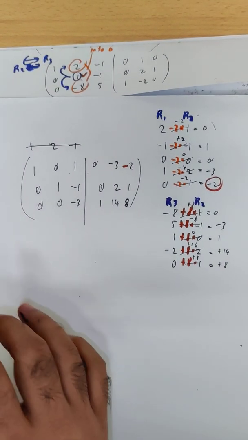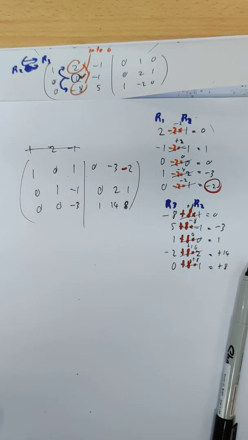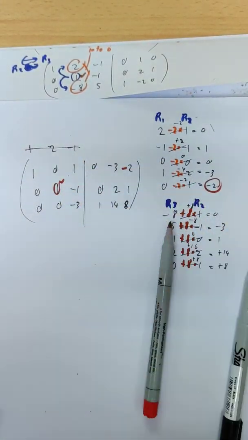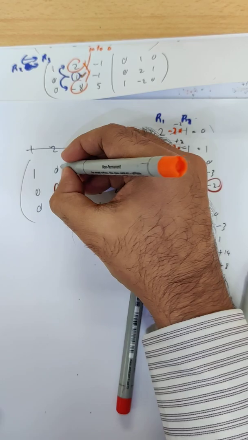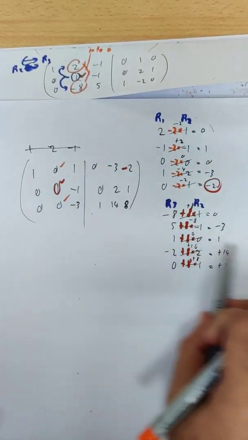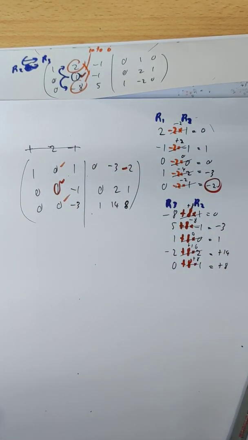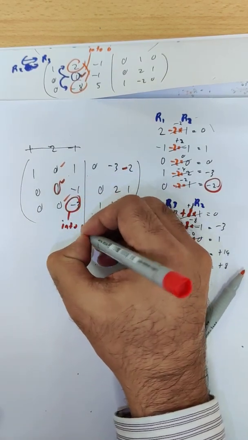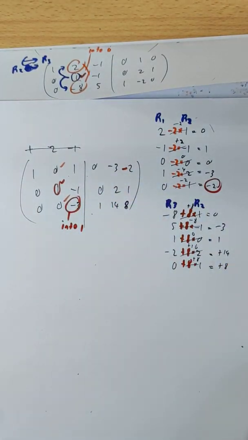Okay, so let's continue. We have reached what we would like to reach. This one becomes 1. Good. This one becomes 0. This one becomes 0. That's what we wanted to achieve just now. What we would like to do next is make this one into 1. How?